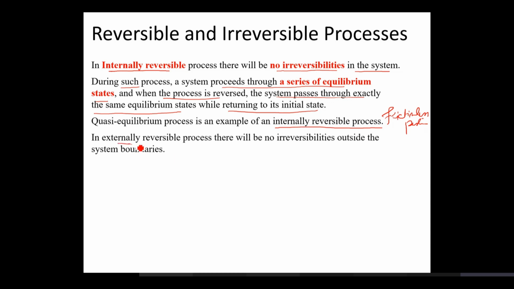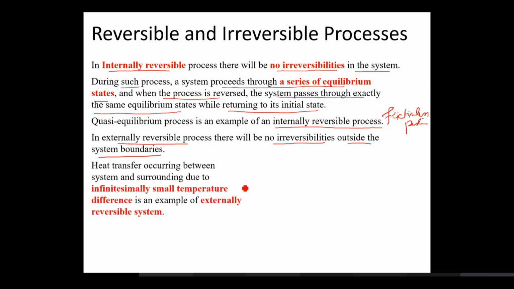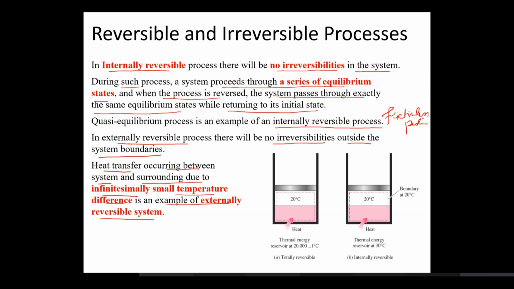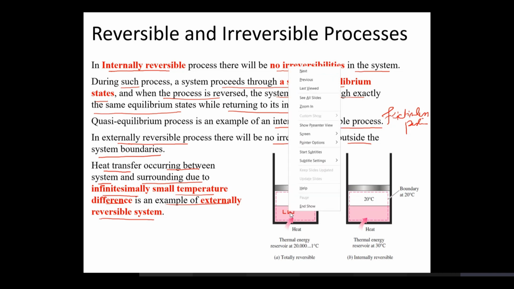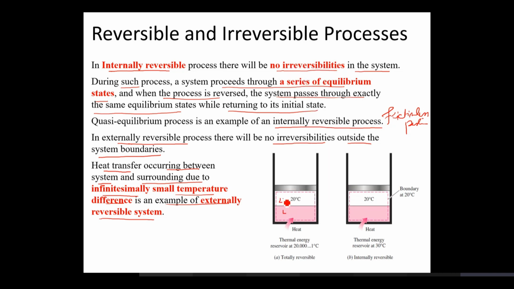In an externally reversible process, there will be no irreversibilities outside the system boundaries. Let's see how. That means heat transfer occurring between system and surroundings due to an infinitely small temperature difference is an example of an externally reversible process. How? This is liquid water, and this is vapor.